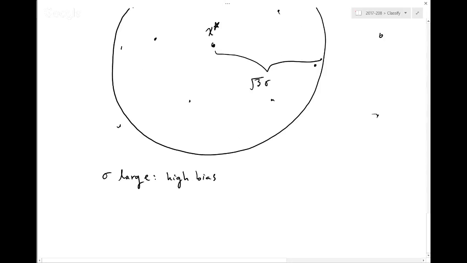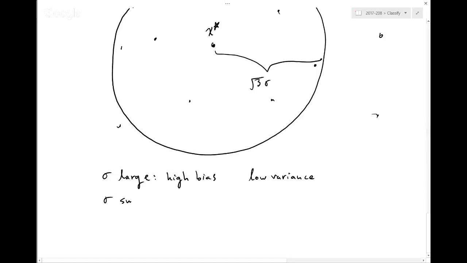This is because we're using a lot of points that are pretty far away from x star, which might not be representative of the distribution of x star because they're so far away. But because we're using so many points, we might get a very low variance. This is high bias, low variance.